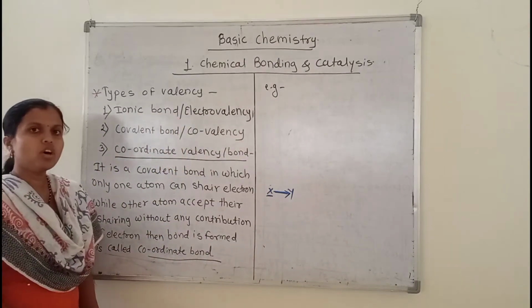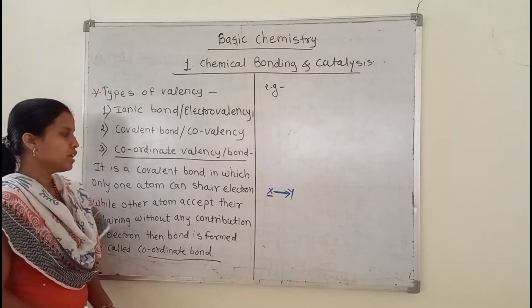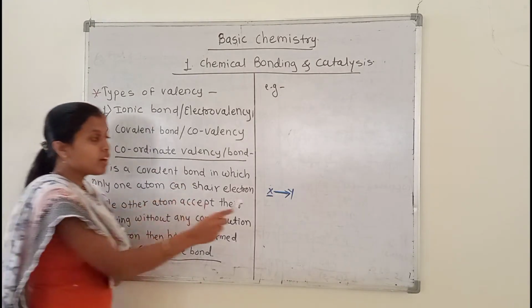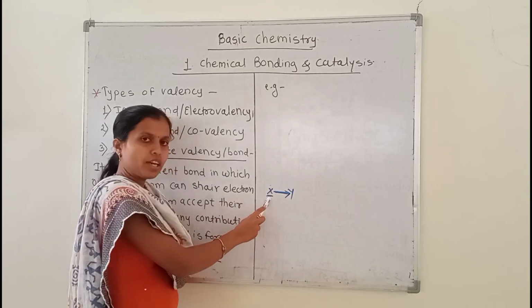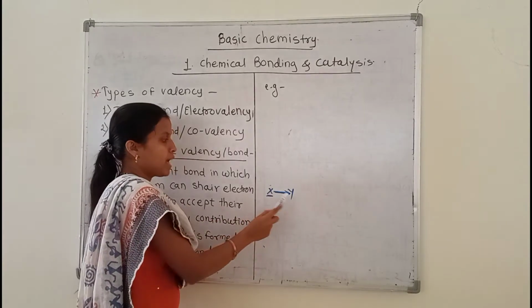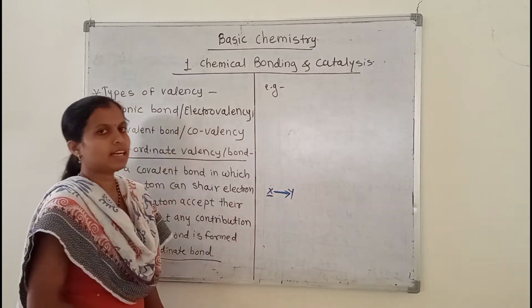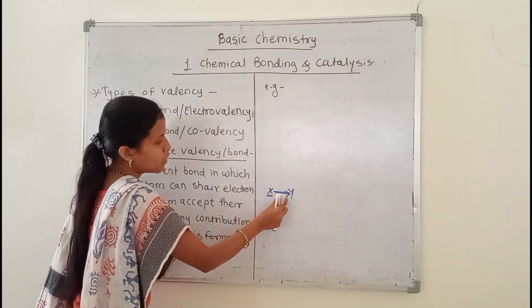So the definition of the coordinate bond is: it is a covalent bond in which only one atom shares its electrons and the other atom accepts the sharing without contributing any electron. Then the bond is formed between the atoms.